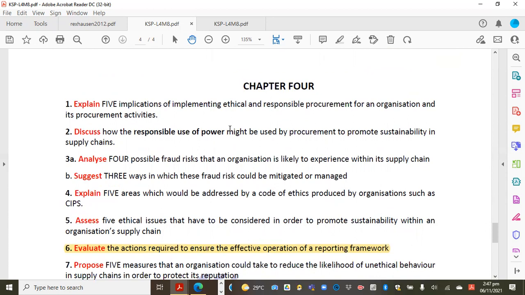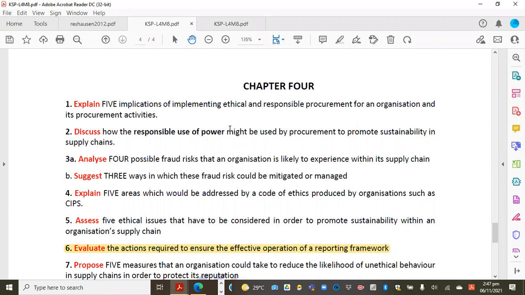Explain 5 implications of implementing ethical and responsible procurement for an organization and its procurement activities. So we'll look at a few implications.